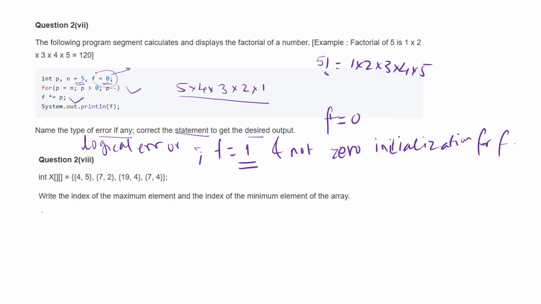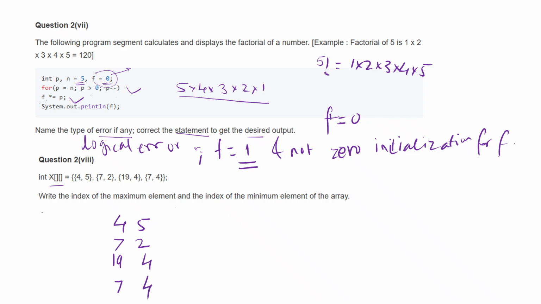Now let's move to the next question. This is a two-dimensional array. Write the index of the maximum element and the index of the minimum element of the array. So let me put it this way. First row: 4, 5, 7, 2, 19, 4 and 7, 4.